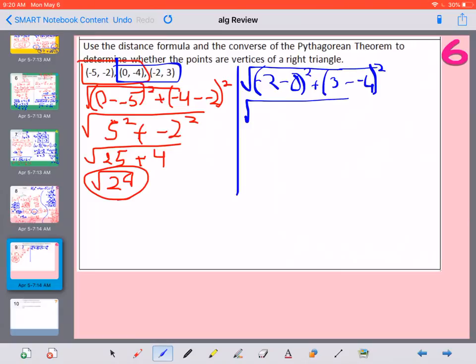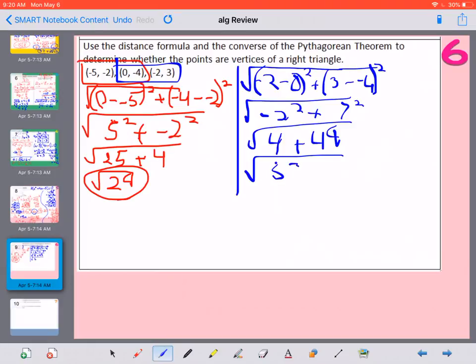So I get the square root of negative 2 squared plus 7 squared. We get 4 plus 49, square root of 53. Now I'm going to circle that and leave that for now.